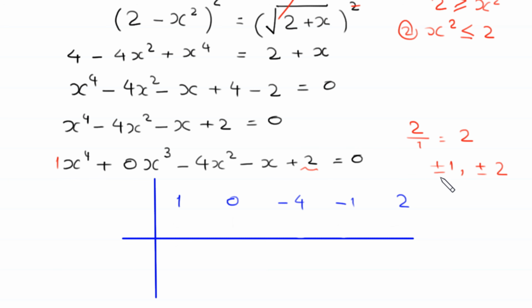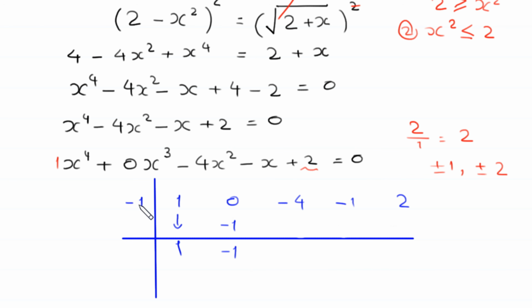Now we try negative 1. We write negative 1 here, and this one comes down as it is, 1, and we multiply this one by this negative 1. 1 times negative 1, negative 1, and we add this 0 and this negative 1. 0 plus negative 1, negative 1, and we multiply this negative 1 by this negative 1.